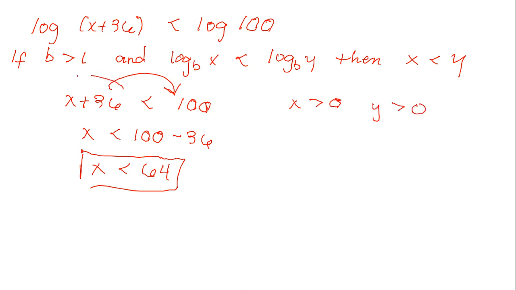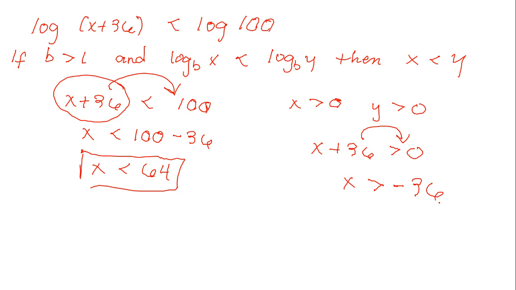Ano sir yung kukuhaan lang? Etong x plus 36 lang. So, x plus 36 greater than 0, transposed, x is greater than negative 36. Okay? So, dalawa yung value ng x natin. Isang x is less than 64, yung isa naman x is greater than negative 36. Okay?